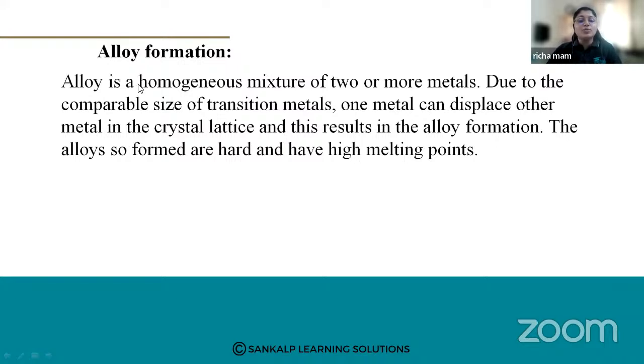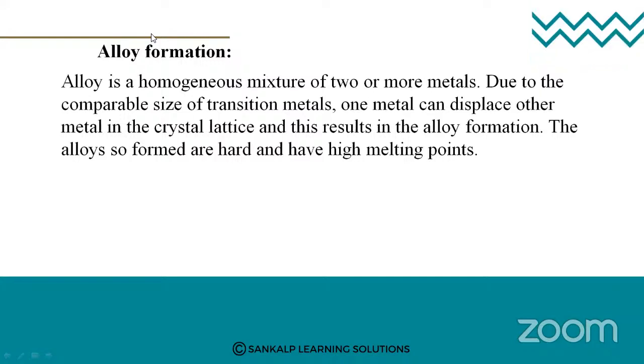An alloy is a homogeneous mixture. Homogeneous mixture means when two or more components are added, they form a mixture with no boundary, there will be uniformity, no boundary between the components.